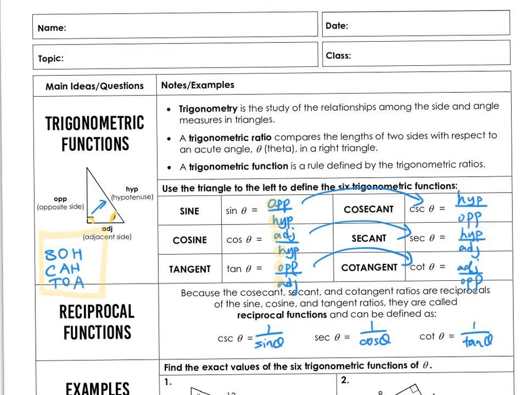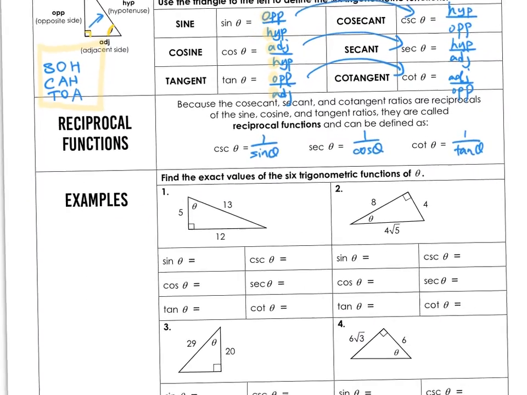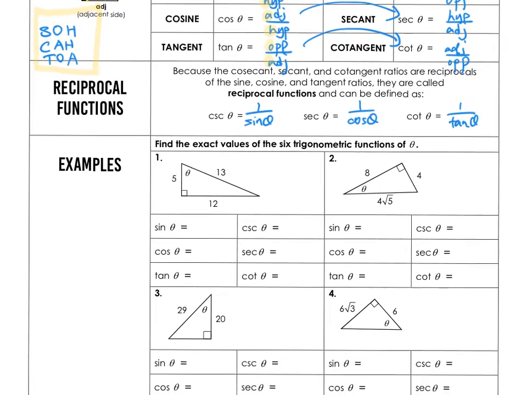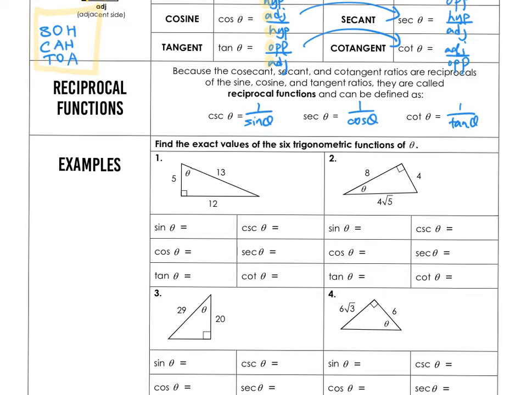All right, so let's look at some examples. Let me move this up. Find the exact values of the 6 trigonometry functions of theta. I have a triangle that's 5, 12, 13. If I want to find the sine of theta, sine of theta is opposite over hypotenuse, right?